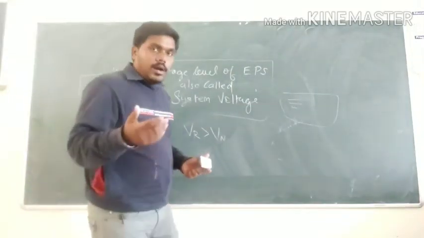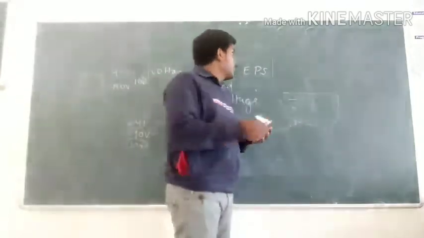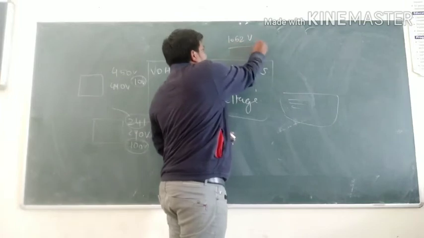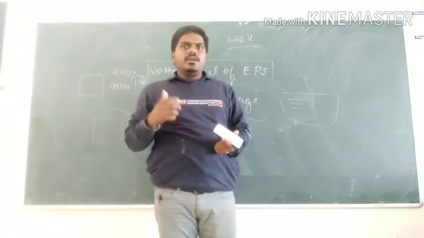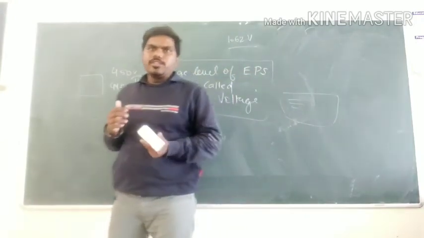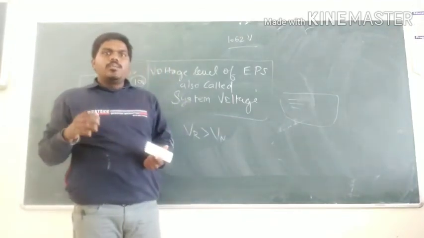For example, a battery has an actual voltage of 1.62 volt. Let's suppose I have a battery whose actual voltage is 1.62 volt, but commonly it is referred to as 1.5 volt.